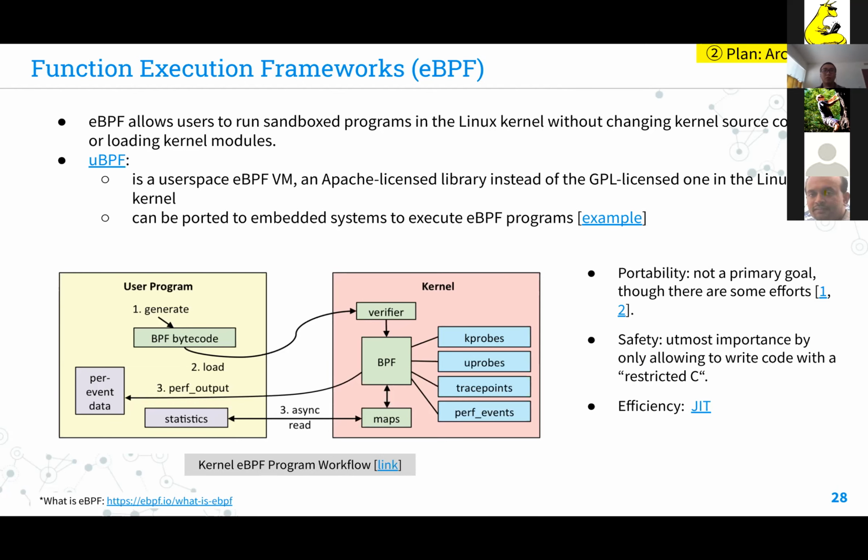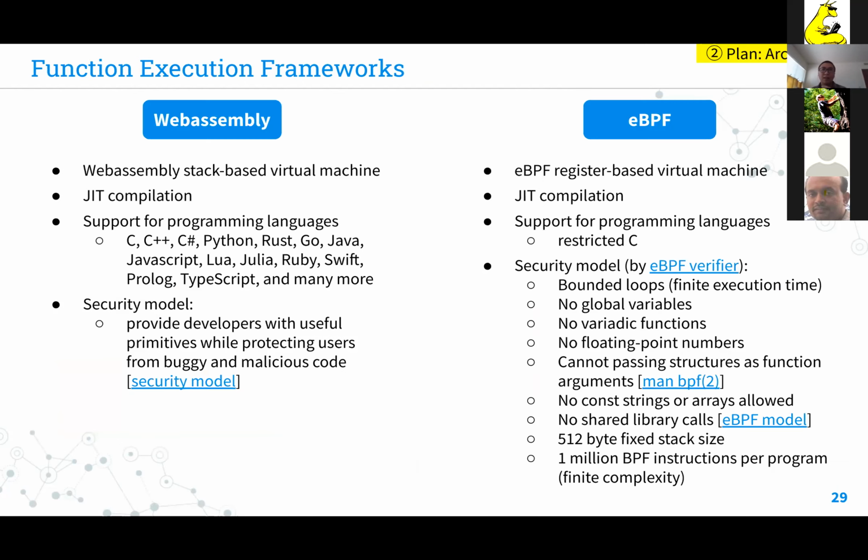Right now, I just want to compare these two technologies. On one hand, both of them require a virtual machine to run the generated bytecode, and both of them support JIT compilation to ensure efficient execution.